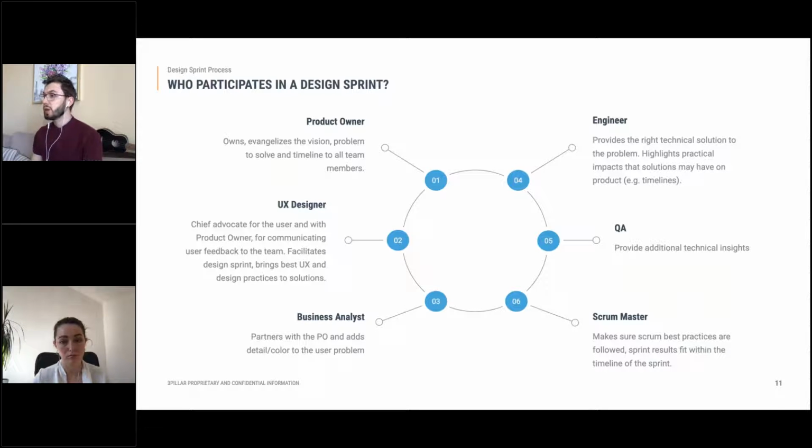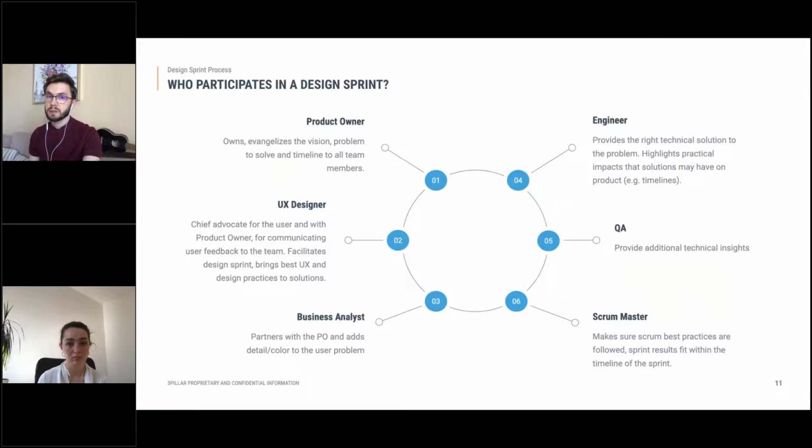And of course, we do have a need to involve the engineering side as well, especially the QA as well, because they would almost always provide additional technical insights that we would oversee. So the Scrum Master would always be at the table, behaving, let's say, like a gatekeeper. Now, this would be a type of team that would participate in a design sprint.